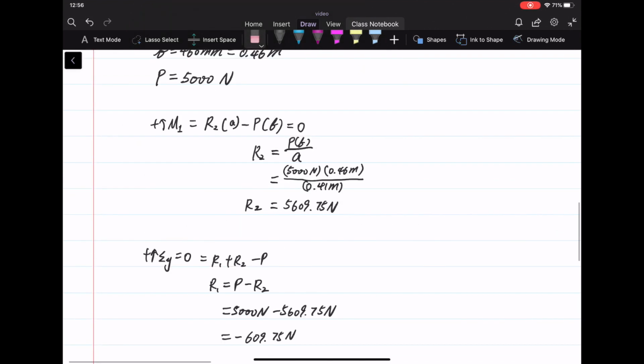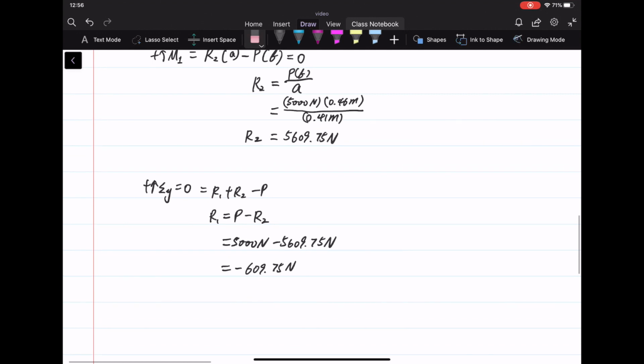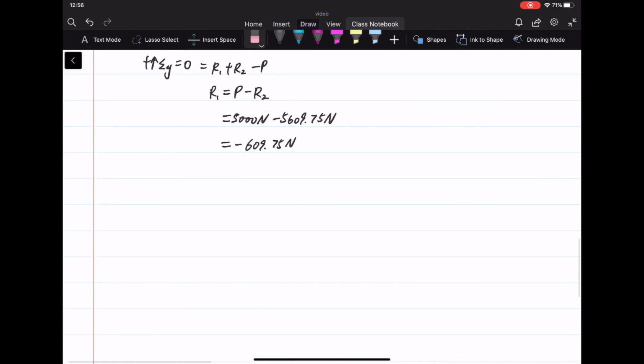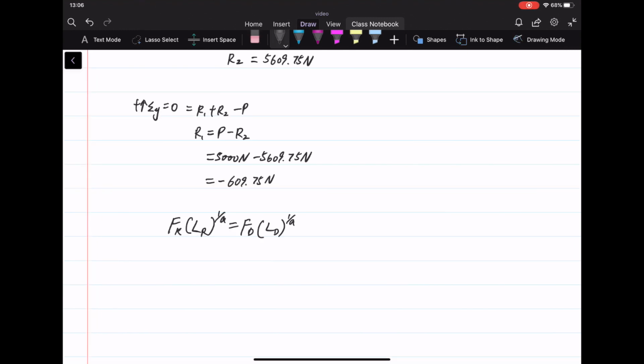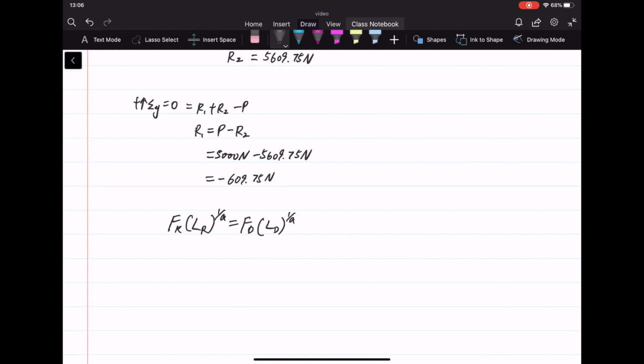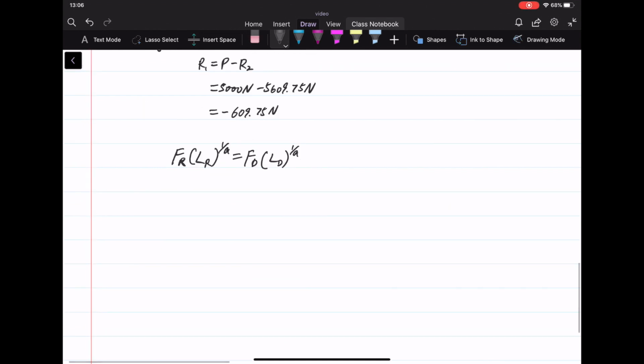All right, so now we have P, we have R1 and R2. We're going to use our bearing selection equation to find the bearing that's appropriate for the application from the catalog. So now this is the step where we select the bearing from the equations that we have. What we're looking for is FR, which is the rated load from the catalog.